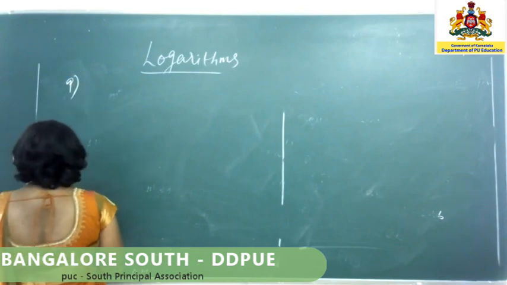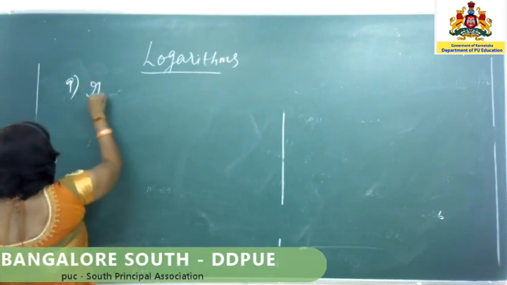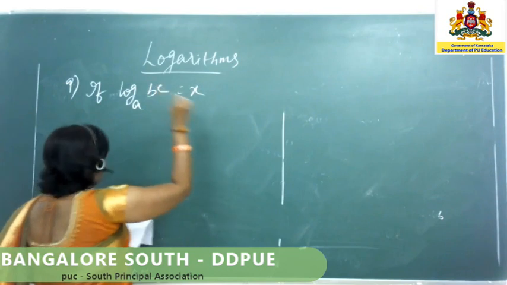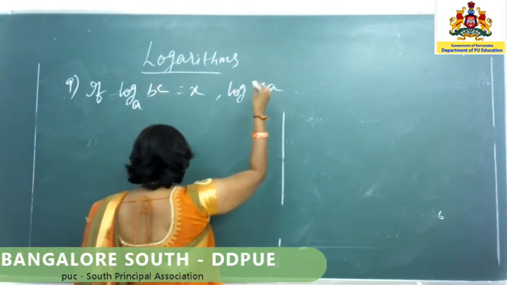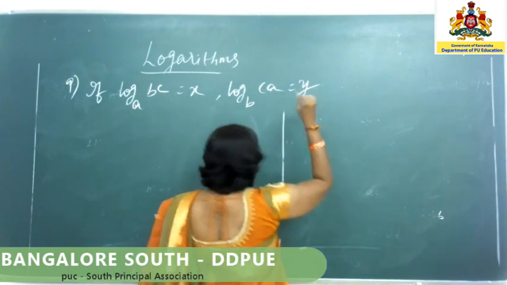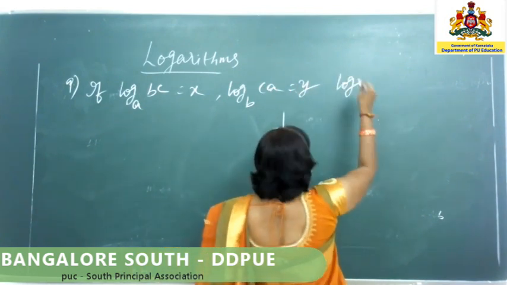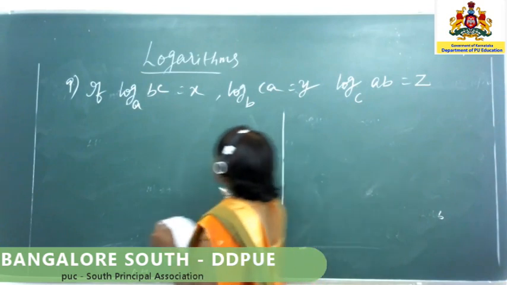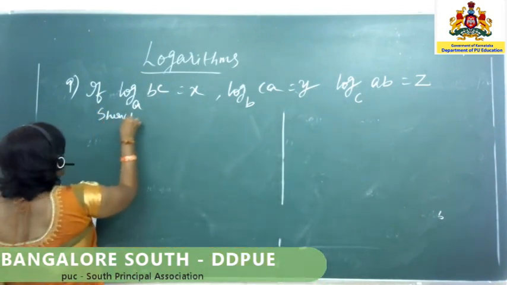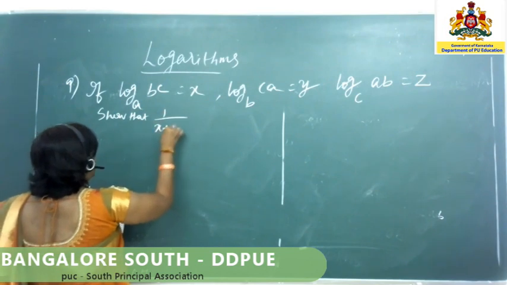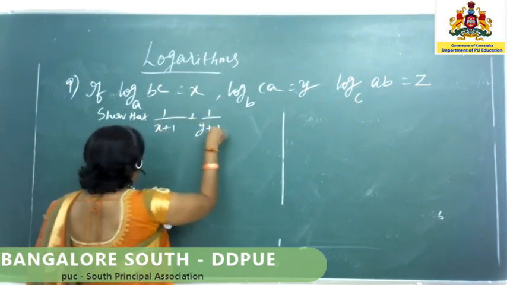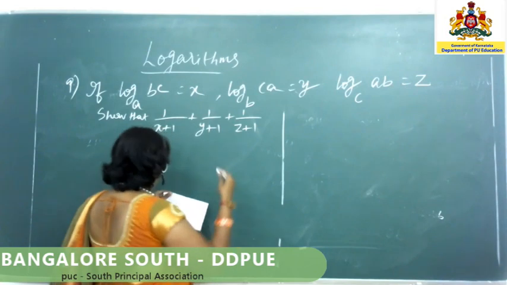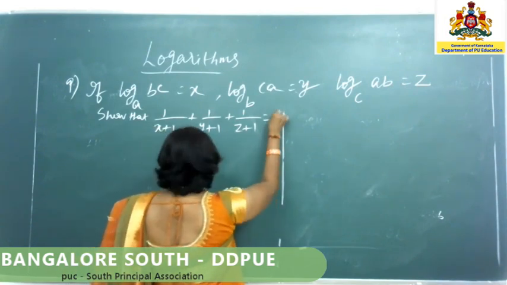Now in some next sum, if log BC to base A is equal to x, log CA to base B is equal to y, log AB to base C is equal to z, show that 1 by (x plus 1) plus 1 by (y plus 1) plus 1 by (z plus 1) is equal to 1.